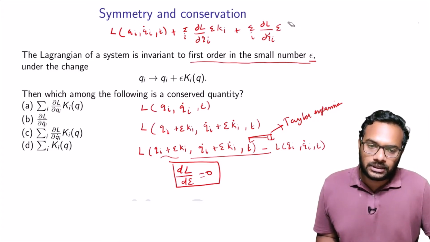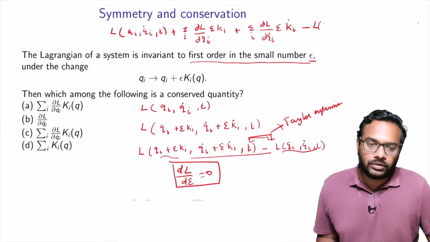That's the first order term. We are retaining only the first order term in epsilon, minus L of qi, qi dot, t. Now this cancels and this is the first order difference.